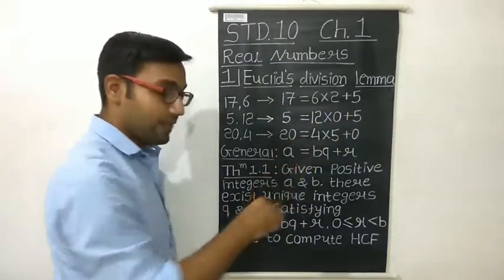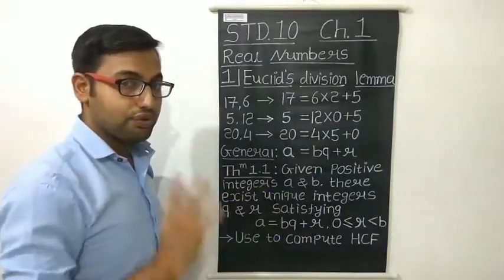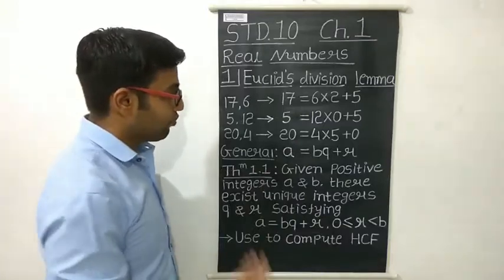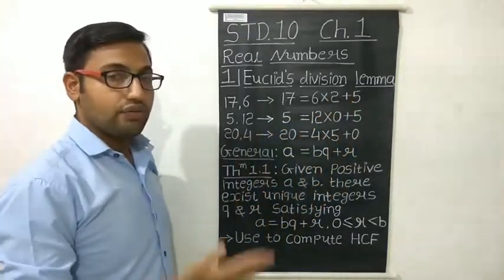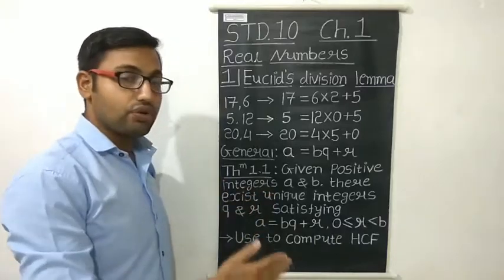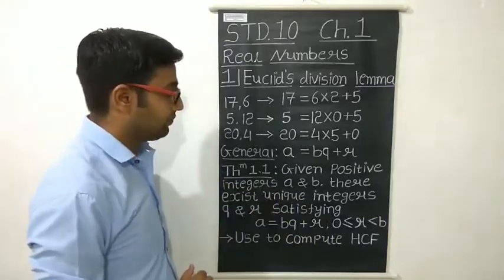It may be 0, 1, 2, 3, 4, 5, any positive integer and 0. In the same way, the quotient also has values 2, 0 and 5. So the quotient also has a value from 0 to any positive integer. So both quotient and remainder have a value from 0 to any positive integer.